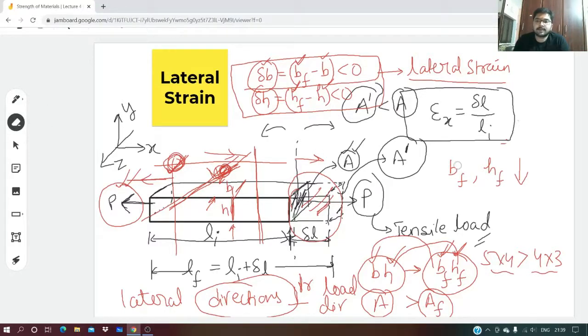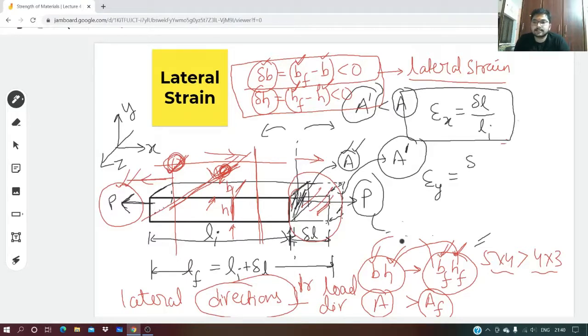In the same way, it has two lateral strains, one in the y and one in the z direction. Normal strain in the y direction, that is the height direction, is delta h by initial height.